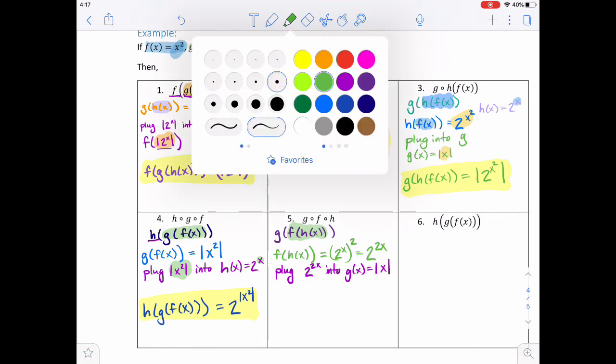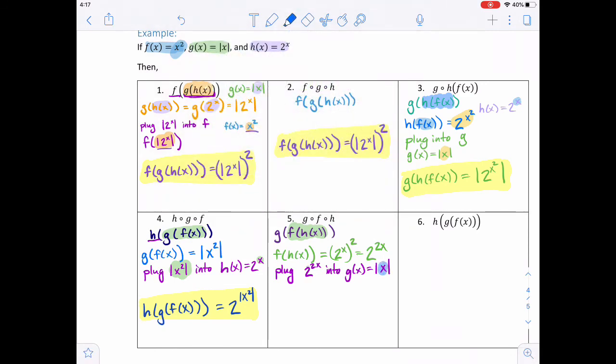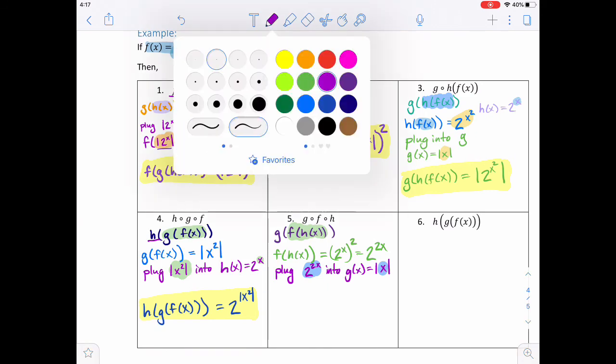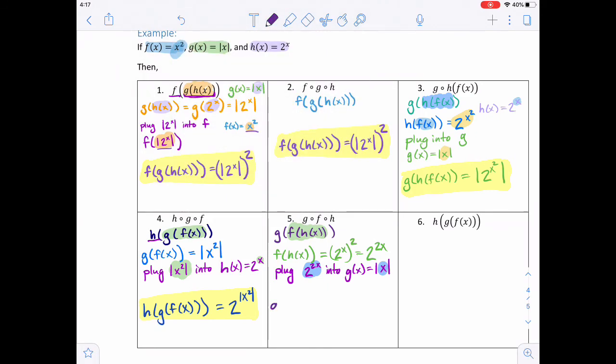So instead of x, we're putting in 2 to the 2x. So that means that g of f of h of x is equal to the absolute value, plug it in, 2 to the 2x. If we had more than one x, we would need to replace both, but for these we just have one x.